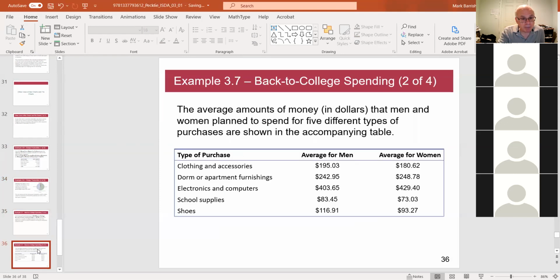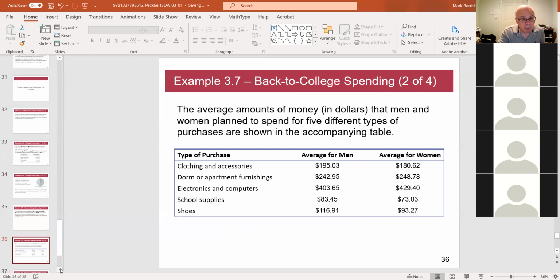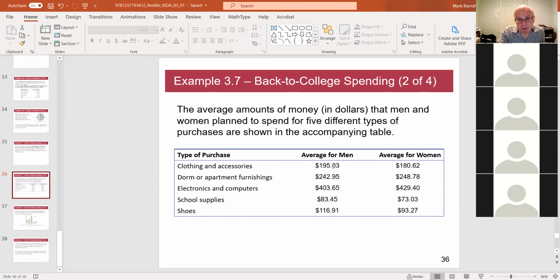And here's another example where, again, you're not counting. You're in this case measuring, if you want to call it measuring, the amount of money that men and women typically spend for 5 different types of purchases in a store: clothing, apartment furnishings, electronics and computers, school supplies, and shoes.